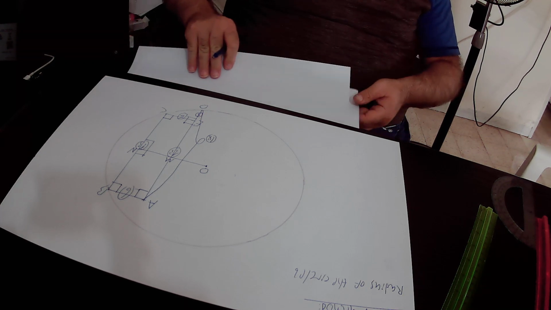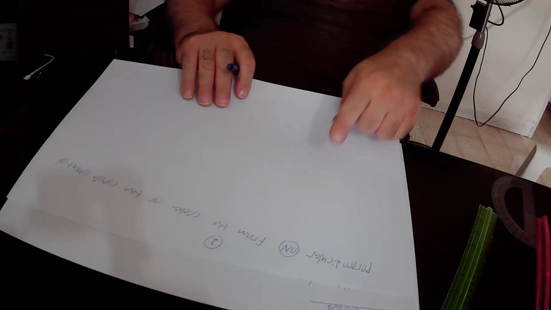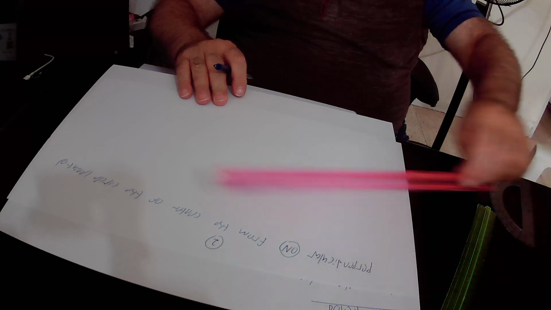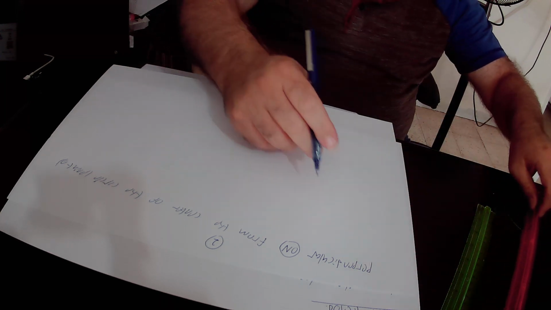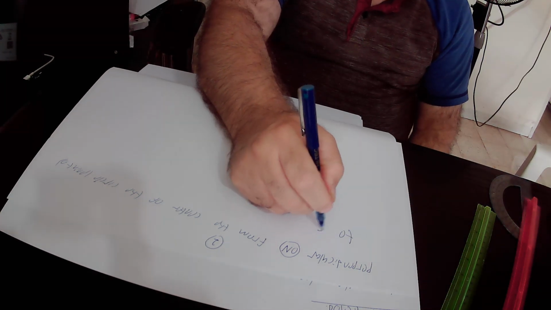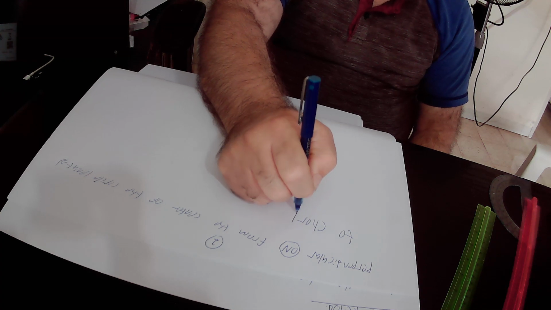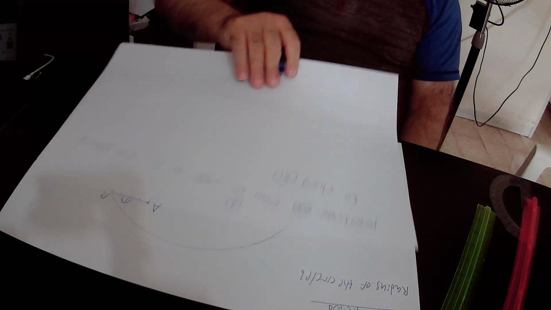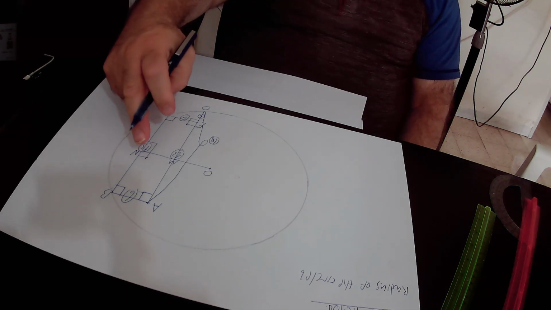So in our original drawing, we have the perpendicular ON from the center of the circle, that is to say from point O, to chord BC. And according to rule number 2, it bisects the chord BC.